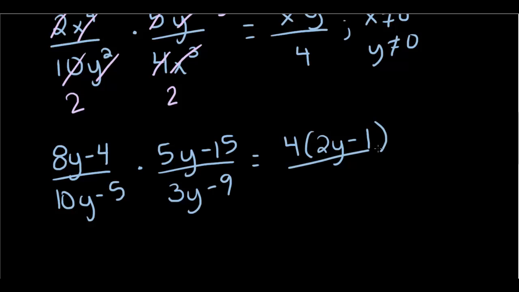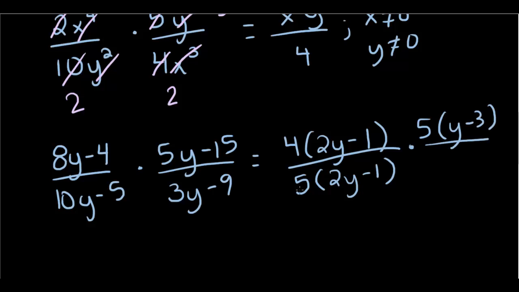And then over the common factor amongst these two is 5. So that's going to give me 2y minus 1 times the common factor amongst these two is 5, y minus 3. The common factor among these two is 3, y minus 3.